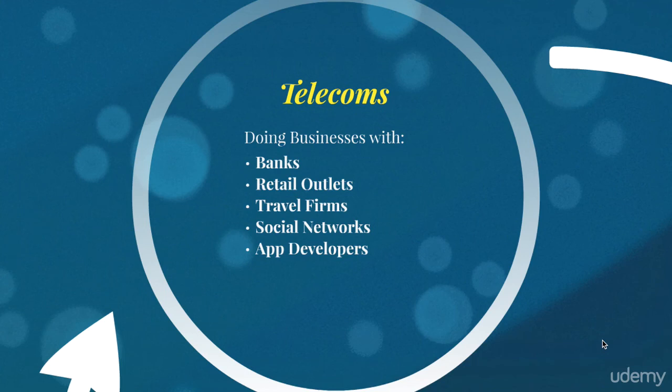With travel firms, better targeted marketing based on customers' travel preferences. With social networks to identify true network nodes using complete network information. With app developers to get insightful information into what kind of apps are being preferred and why.